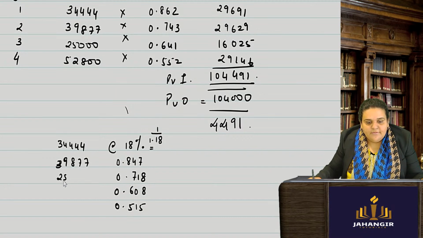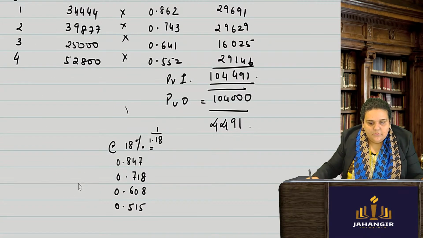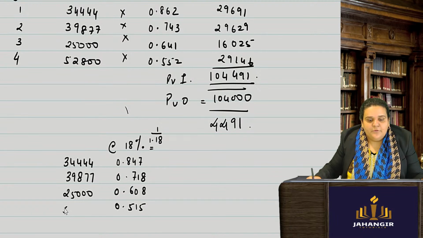Now I have to multiply these by the amounts 34,444, 39,877, 25,000 and 52,800.